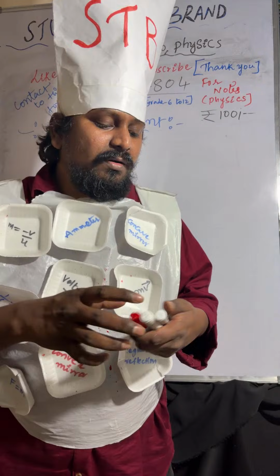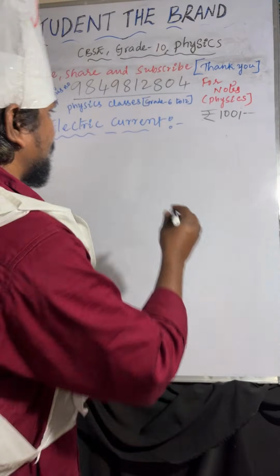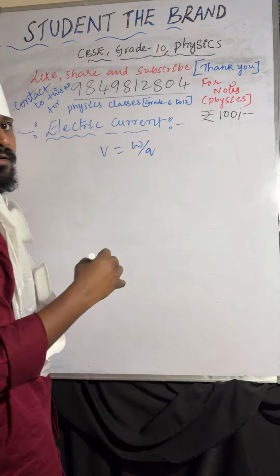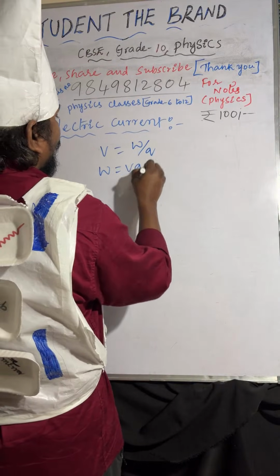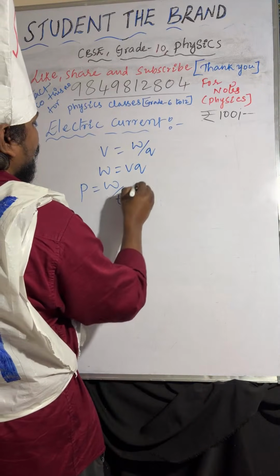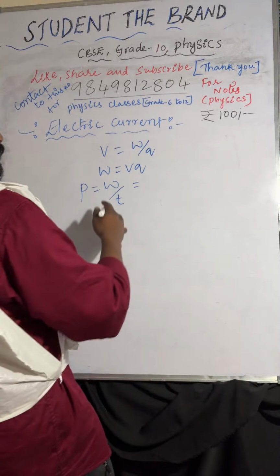Okay. So now V equal to W by Q. We know that potential difference V equal to W by Q. So W equal to V into Q. So P equal to rate of doing work is called power. Rate of doing electrical work is called electrical power.